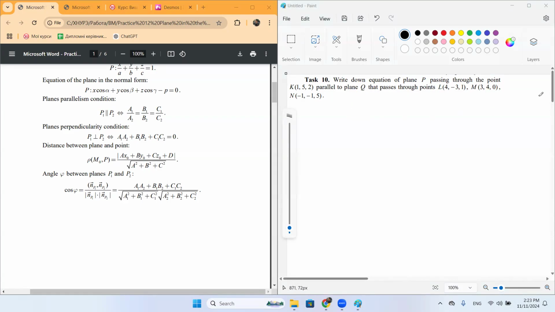We have everything for the plane Q. We have 3 points, so we can write down the equation of plane Q passing through points L, M, and N. And then we will find the coordinates of the normal vector.